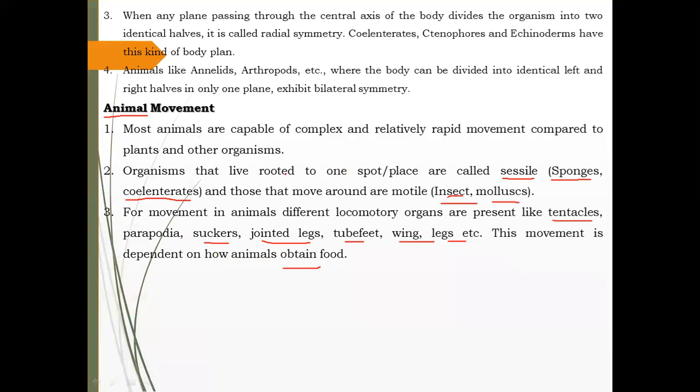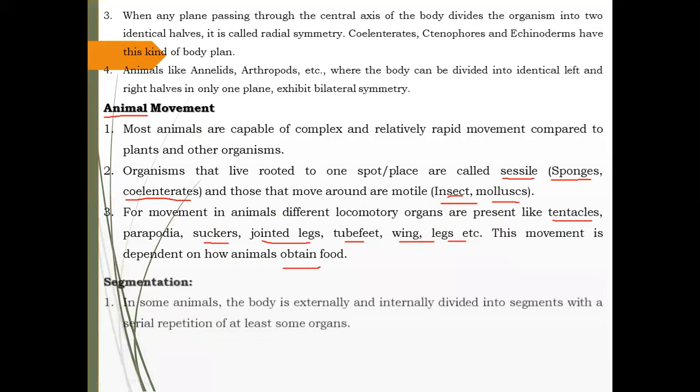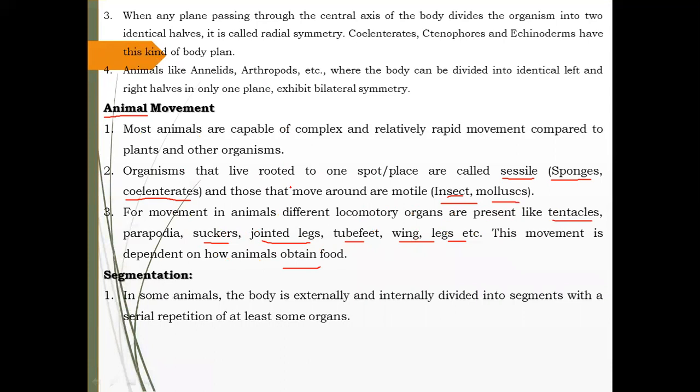You know, animals generally move for these purposes by using these organs. I think you easily understood what animal movement is. Do you understand? By using these organs, they easily locomote.